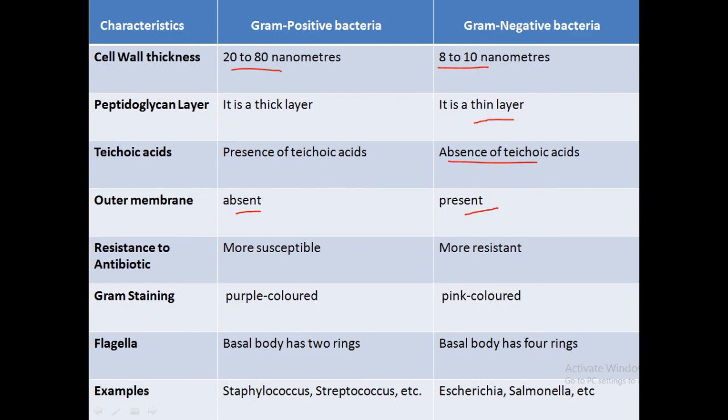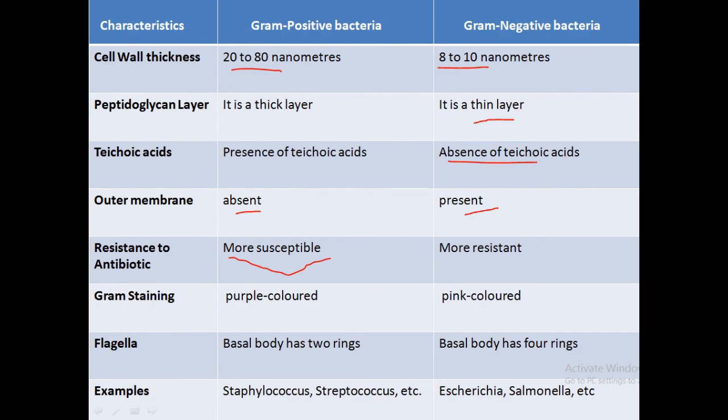Resistance to antibiotic: the gram positive bacteria are more susceptible to the antibiotic. But why? Because they don't have the outer membrane. The outer membrane is the semi-permeable membrane that doesn't allow everything to come inside the cell. But gram positive bacteria don't have the outer membrane, so they become more susceptible to the antibiotic.